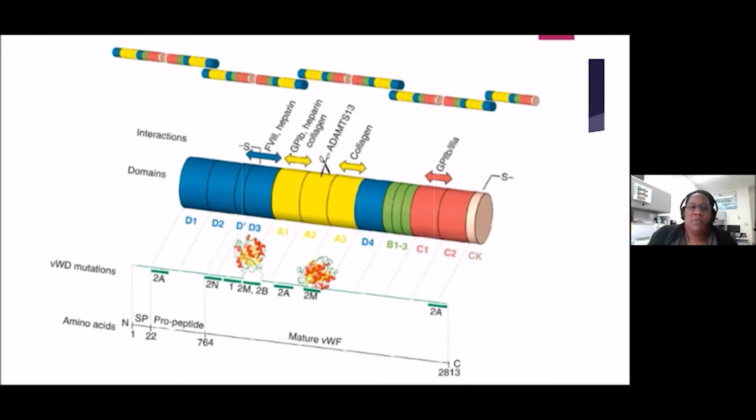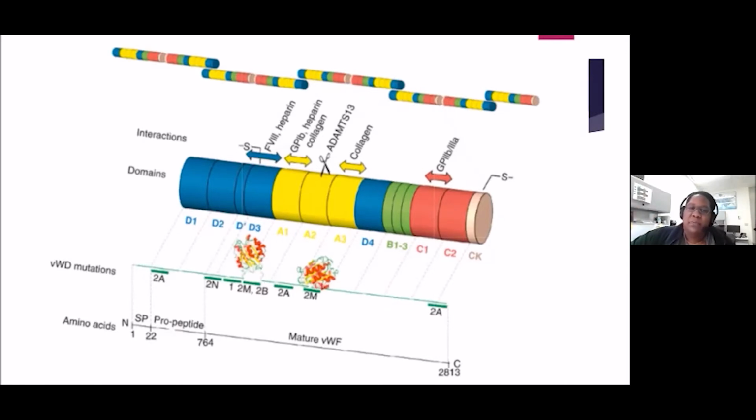So this is what happens when you have exposed injured endothelium. And what should happen under normal circumstances is your ADAMTS13 comes and cleaves the ultra-large von Willebrand multimers at this A2 domain.